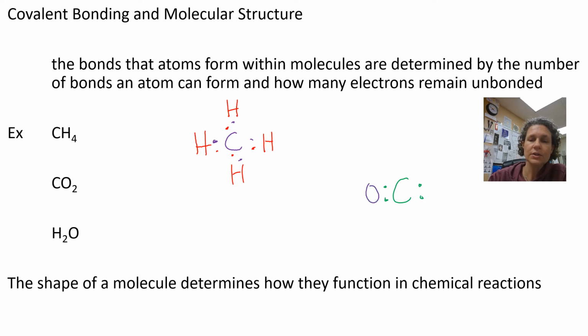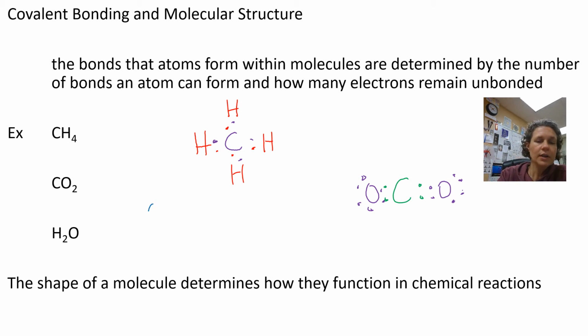Here's the oxygen with its 2 electrons on either side, and then it has the other 6 that it has, so it's going to look like that. This one has more of a linear shape, which helps it react the way that it's going to react.